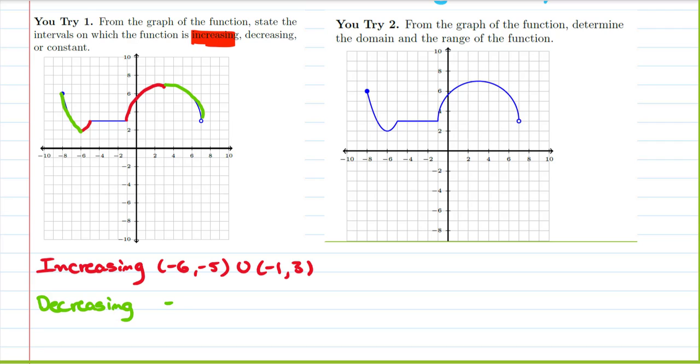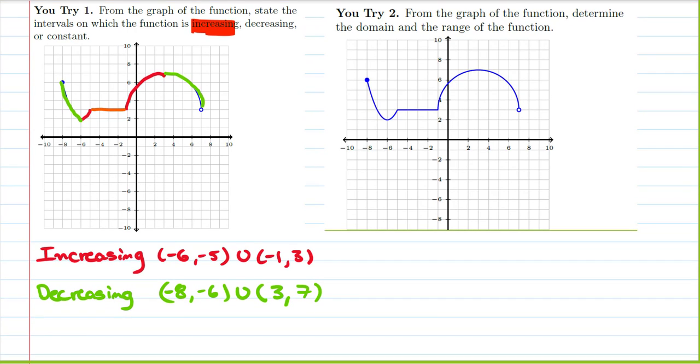And so it's going to be from -8 to -6, unioned with (3 to 7). And then lastly, we have our constant bit, which is right here.